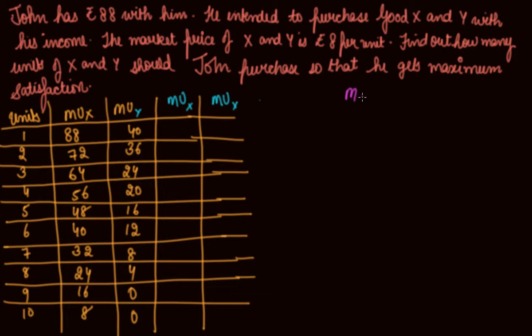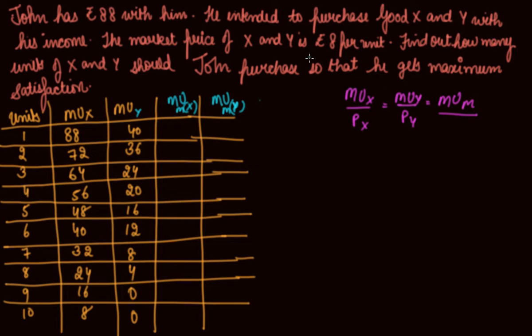At consumer equilibrium, MUX by PX is equal to MUY by PY, which is equal to the marginal utility of money. So we can calculate the marginal utility of money of X and of Y by dividing MUX by PX.